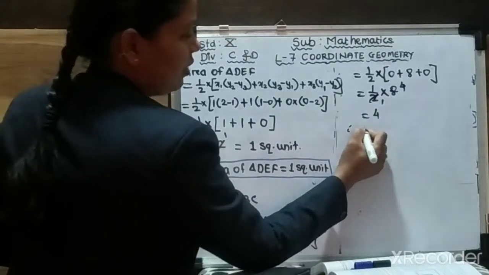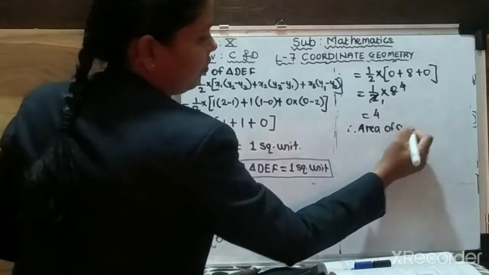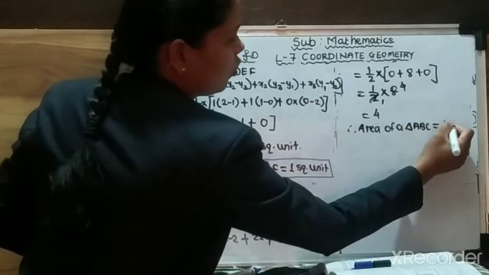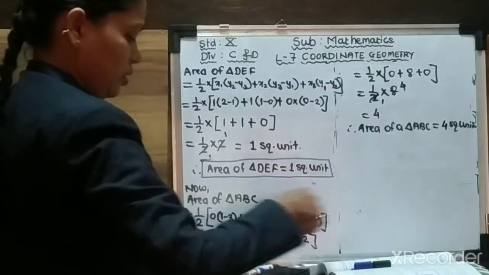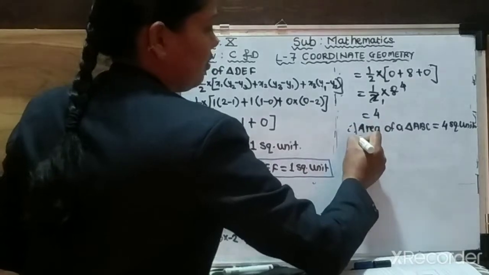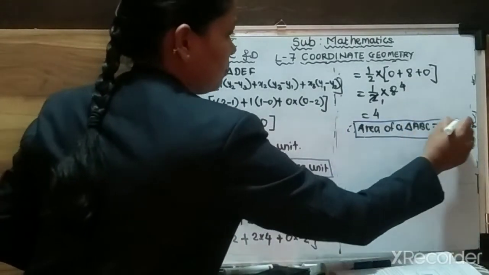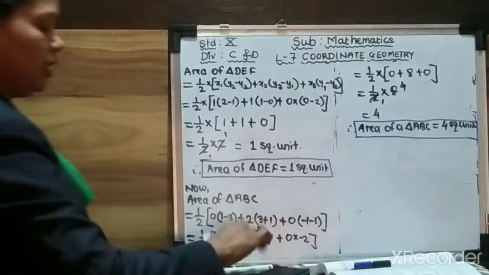So, we will write therefore area of triangle ABC equals 4 square unit. Whenever units are not given, at that time we use the word unit. Understood? So this is our area of triangle ABC.